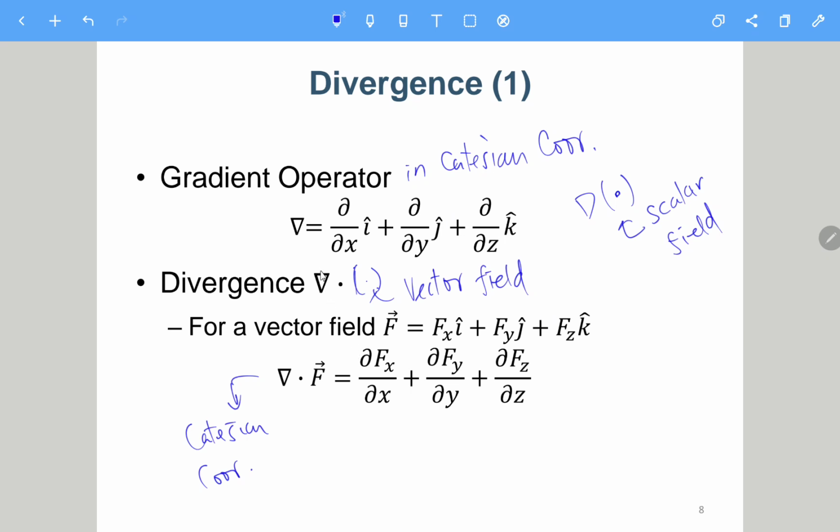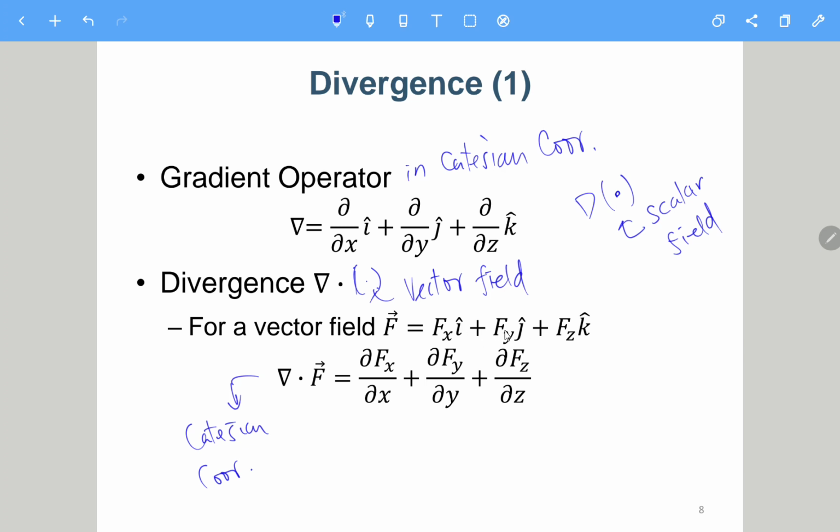Suppose we need to apply this divergence operator on a vector field called F. So this F vector in Cartesian coordinate can be written as fx times i hat plus fy times j hat plus fz times k hat.